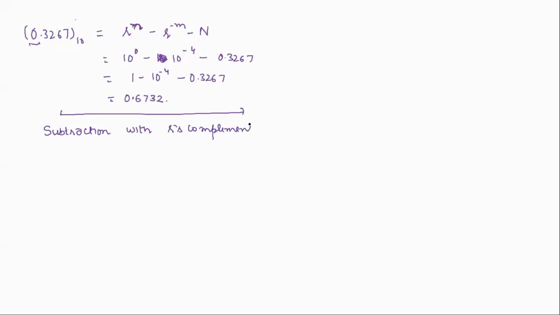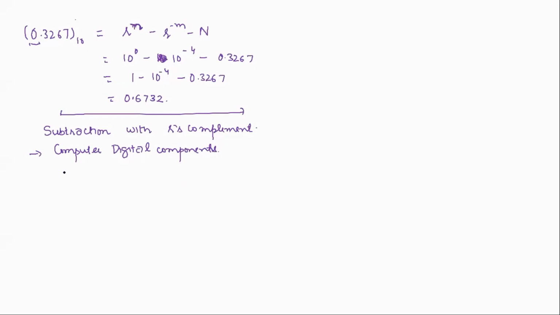If it is binary, it becomes 2's complement. If it is decimal, it becomes 10's complement. This is basically used in computer digital components. How your computer actually does subtraction is discussed in this topic.